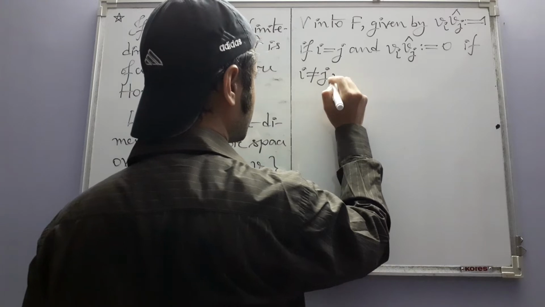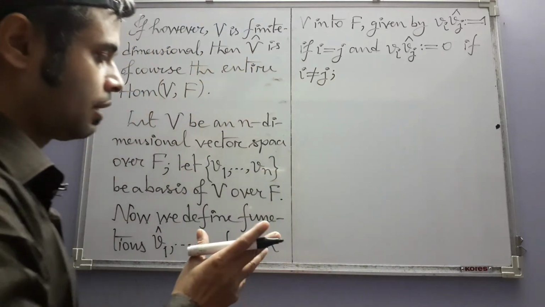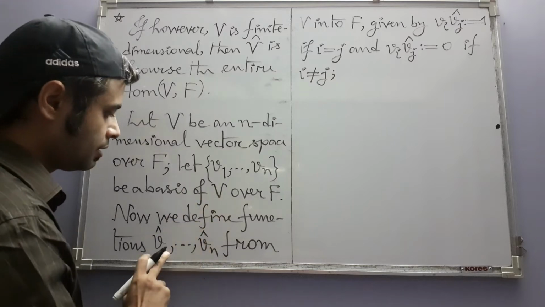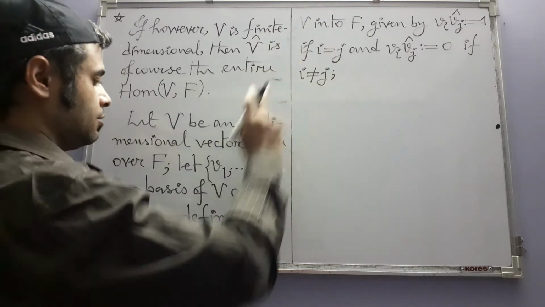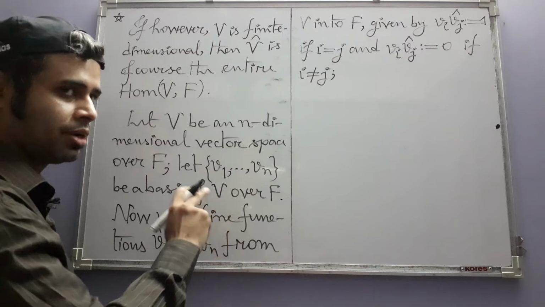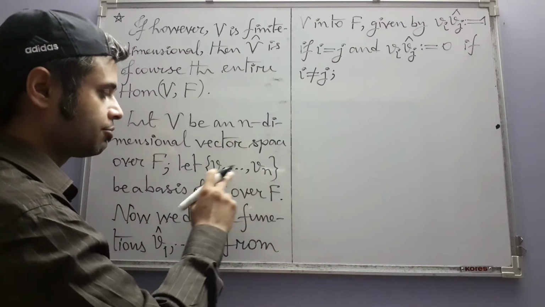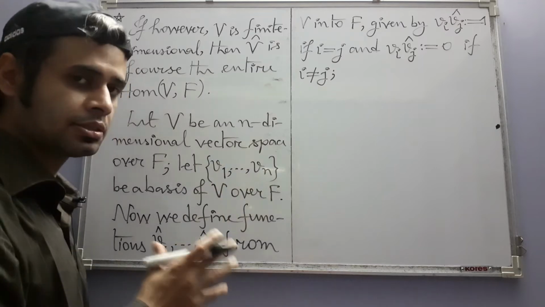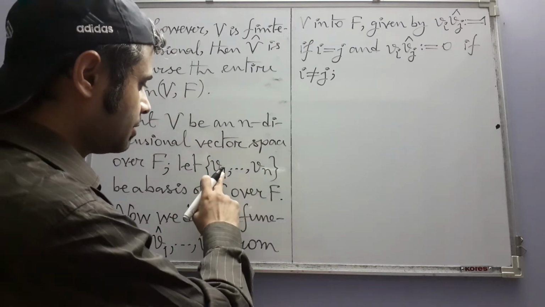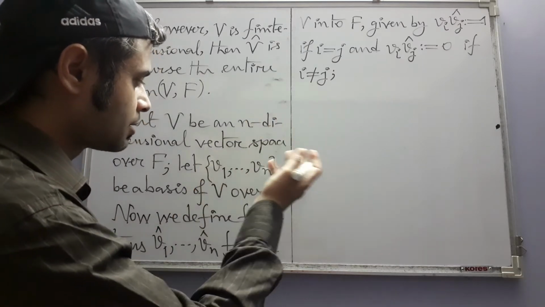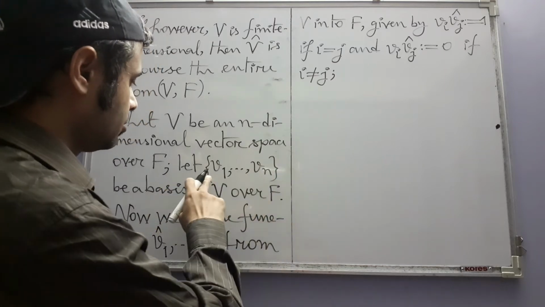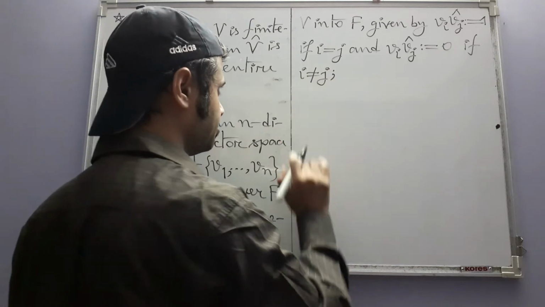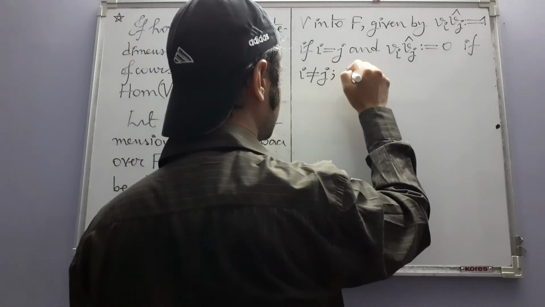So I hope you understand that defining a function from V into F by only defining what the function does to the basis elements is enough, because then you can extend these functions linearly on the entirety of your vector space V, and by that we just simply mean this.